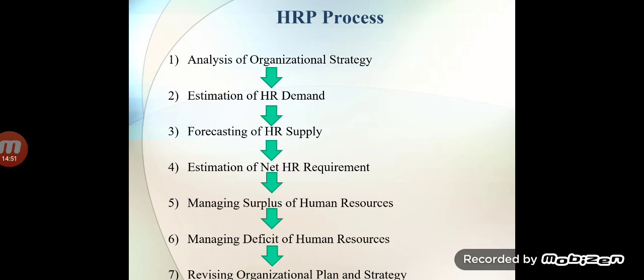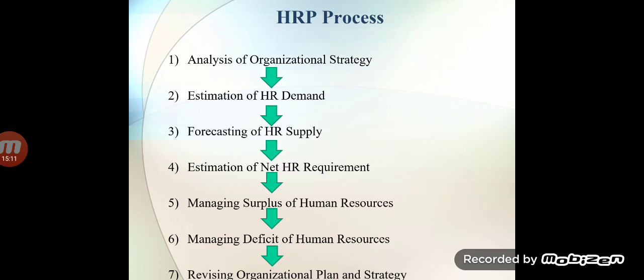We have to analyze this before implementing any strategy or technique for getting the work done by others, because we require the others. That's why analyzing of organizational strategy is the first point of the HRP process.